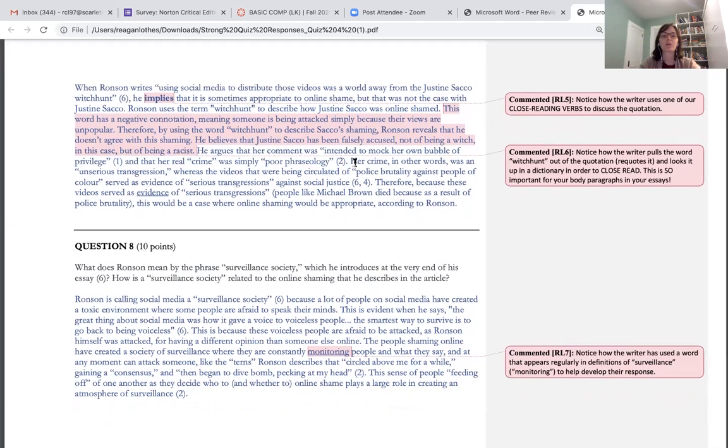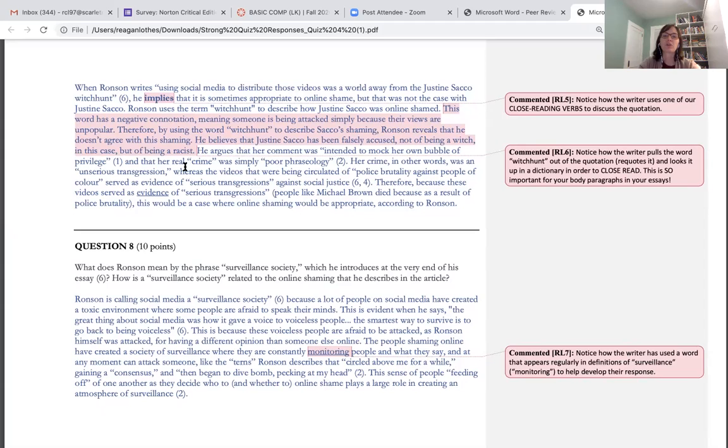So her crime, in other words, and here we go again with the snippets of quotation, was an unserious transgression, whereas the videos that were being circulated of police brutality against people of color served as evidence, right? And again, tying into Ronson's argument that we need to wait for evidence. We shouldn't be launching into instant cold judgment here.